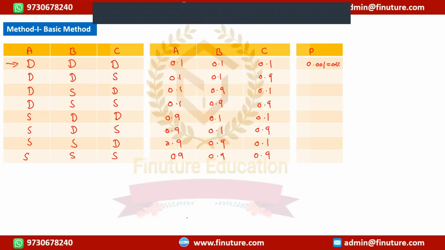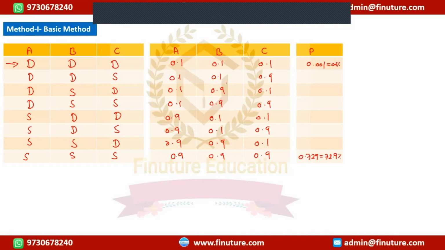Both are correct. And at the bottom, I would say it is 0.9 cubed, which is 729 divided by 1000. So 0.9 into 0.9 into 0.9 would be 0.729, or 72.9%. These are the two possible outcomes.